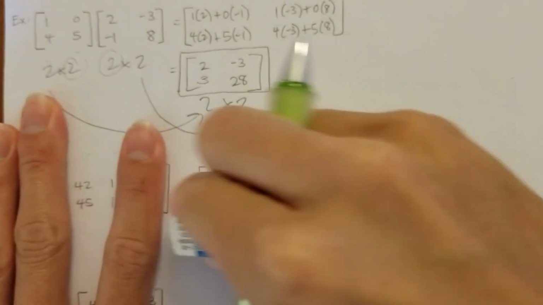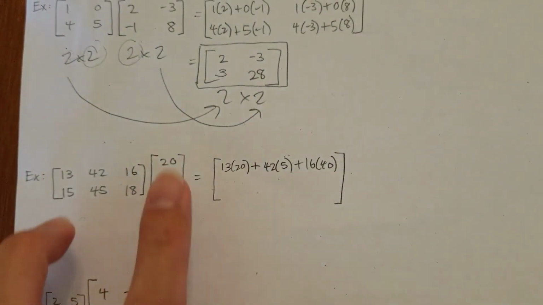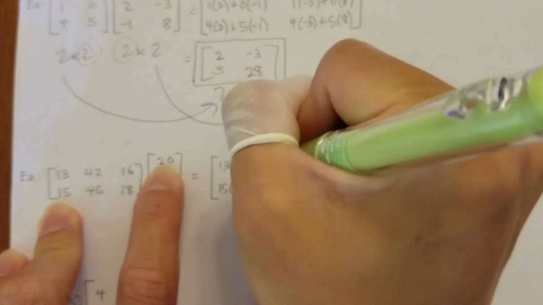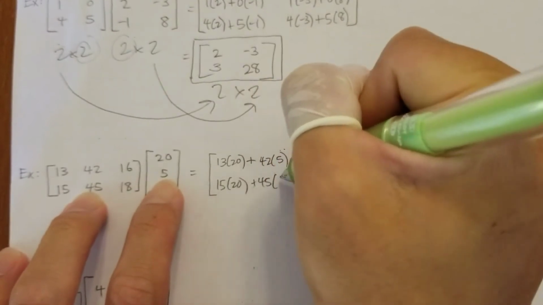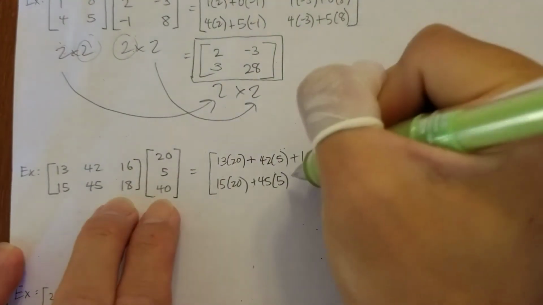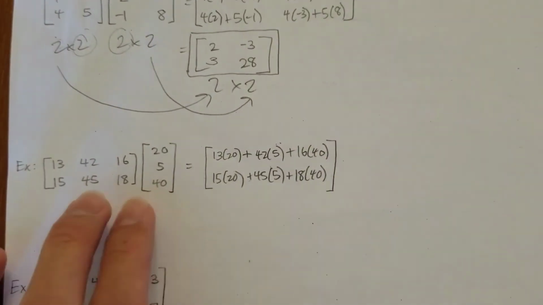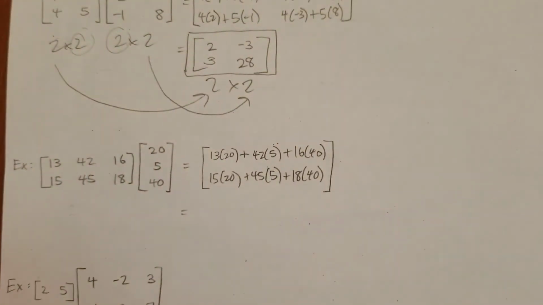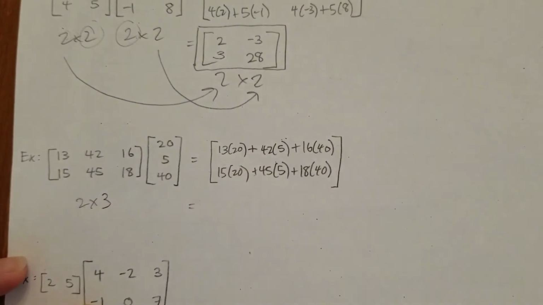Okay, all right. So again, this is going to be a 2 by 1 matrix. This is what goes on the top. Next one, 15 times 20. Next, this is 45 times 5. This is 18 times 40. Okay? So, like we said earlier, this is a 2 by 3 matrix.